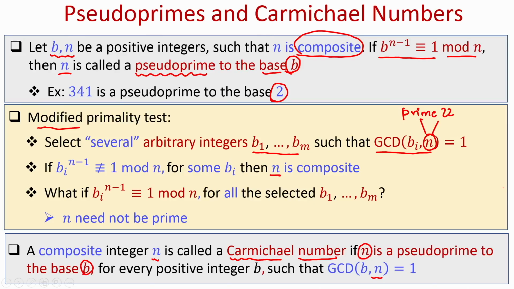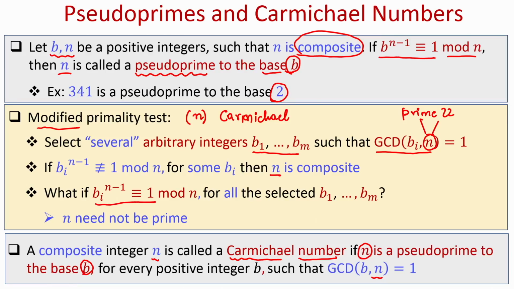So, that tells you that if you now input a number n which is a Carmichael number, then definitely this primality testing algorithm will fail, because it does not matter how many bases you pick. Each of them may be co-prime to your n, fine, but still this condition will hold, and then you will be in a dilemma whether you should safely declare n to be a prime or not.